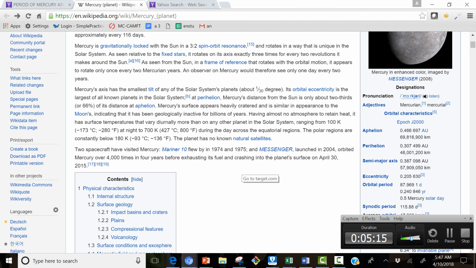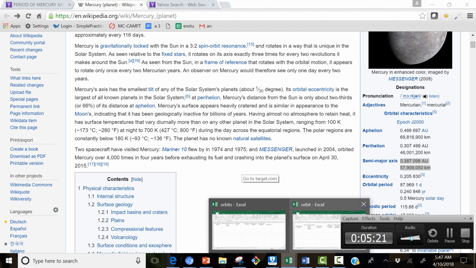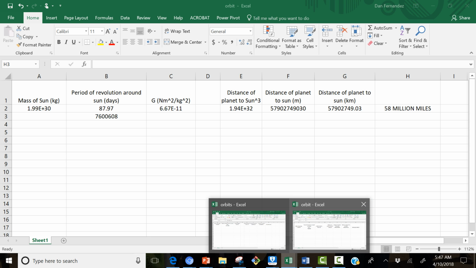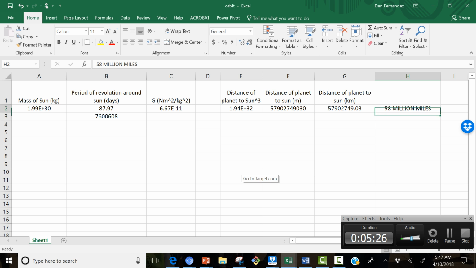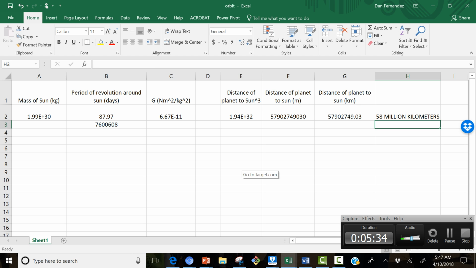The average is about 58 million kilometers. What did I calculate? Oh, I called it miles. It should be kilometers. Sorry about that. I calculated the same thing that the internet reports for the average value.